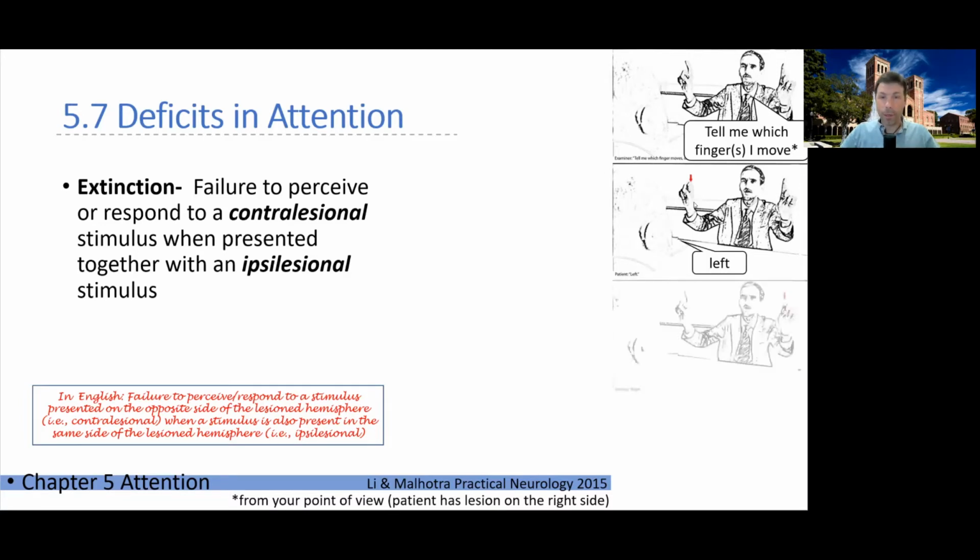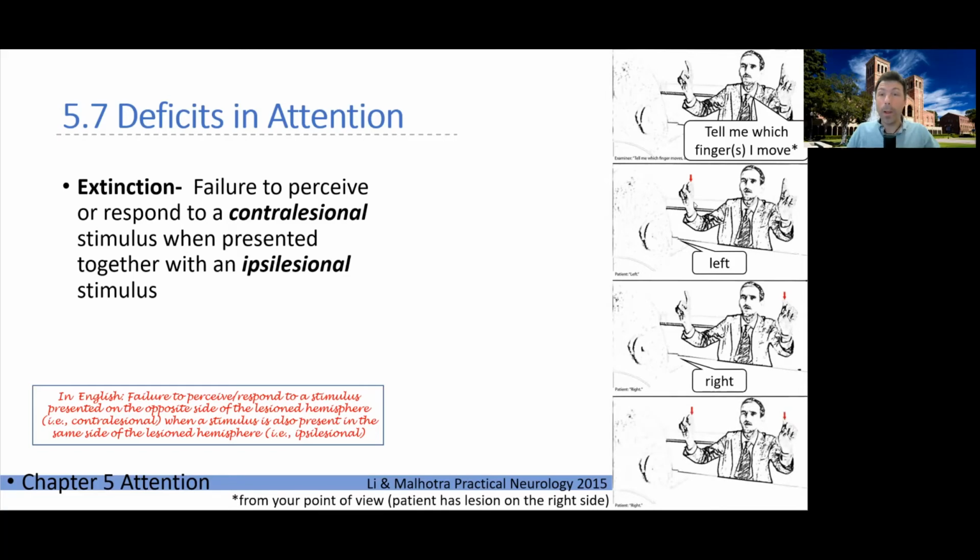Then the clinician wiggles the other finger, and the patient, sure enough, says, you're wiggling the right one. And here's the key aspect of this. If the clinician wiggles both fingers at the same time, then the patient only sees the right one, meaning only sees the one in the ipsilesional side, meaning only sees the one in the good side.